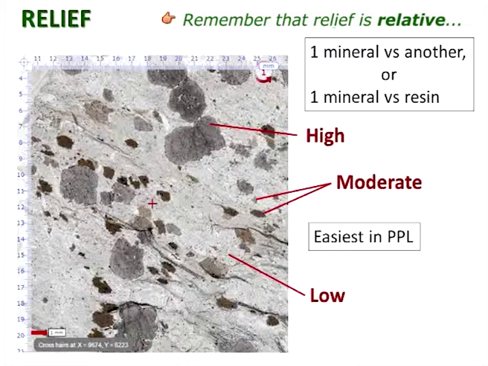Because in many rocks, and particularly metamorphic rocks, what can often stand out is the different relief of different types of minerals. So here, for example, you can very clearly see that there are sets of minerals. There's a high relief mineral which is forming quite large, more or less equidimensional or rounded porphyroblasts, so that's large crystals.